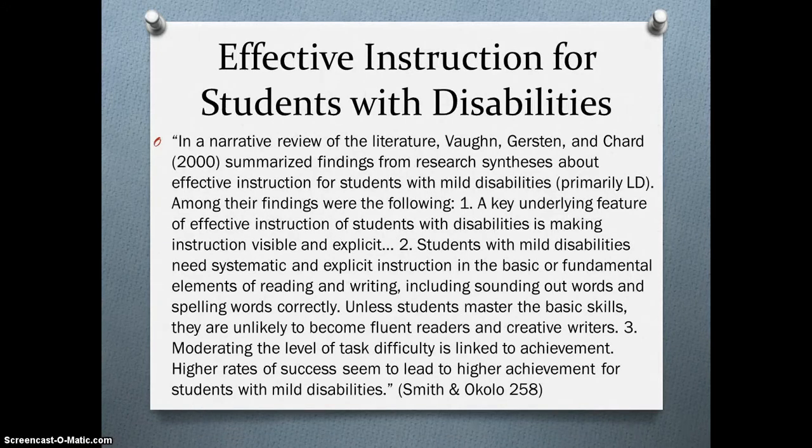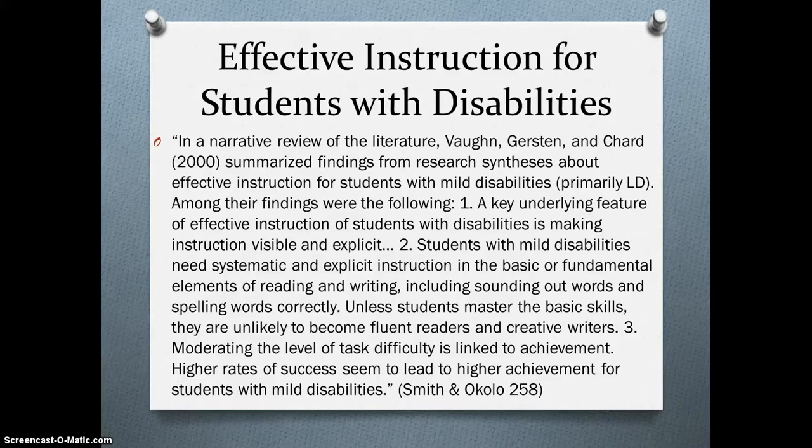So now let's look at effective instruction for students with disabilities. In a narrative review done by Vaughn, Gersten, and Chard, findings were summarized that show, based on research, effective instruction for students with mild disabilities, and they were looking primarily at students with learning disabilities. Their findings showed some key points.